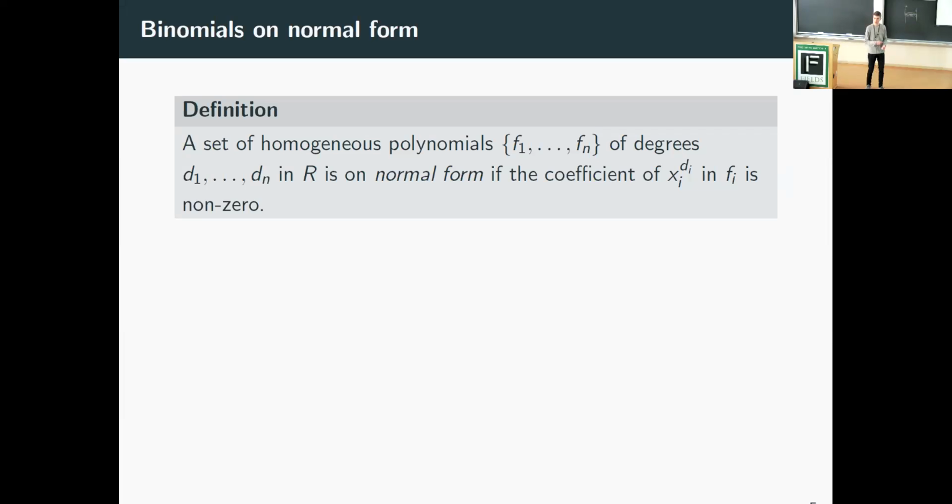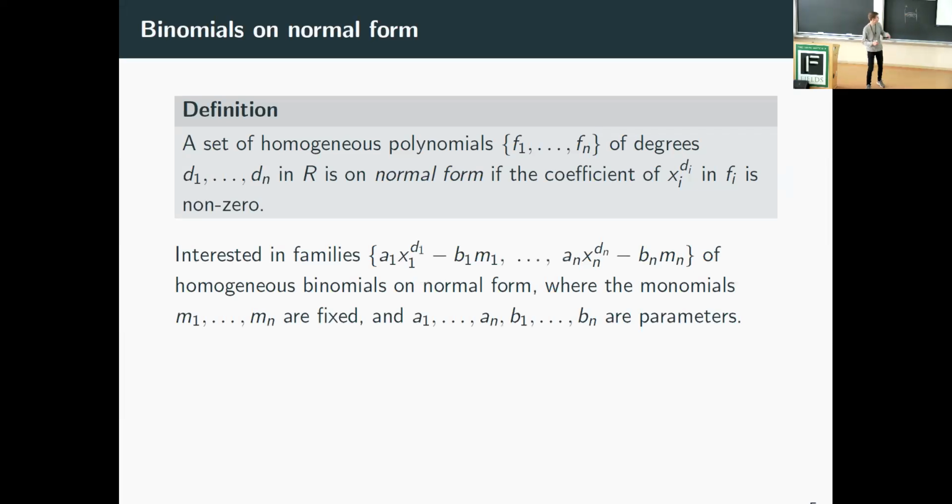In the class of binomials, this would give us families looking like this, where these are homogeneous binomials of normal form, and we assume that all of these ai should be non-zero. Then we are interested in how these families behave in terms of these a's and b's.